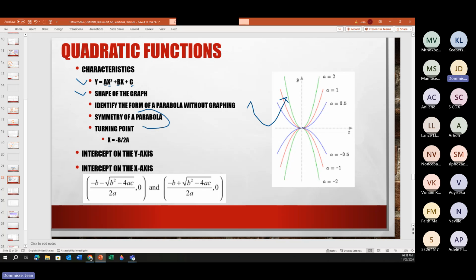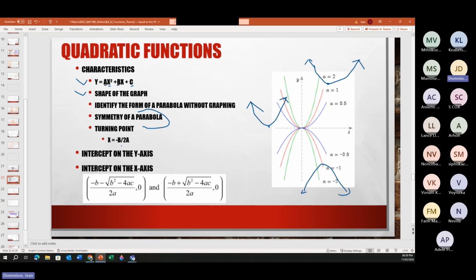It does not need to touch that x axis. It could be there as well. So with a turning point, it might be somewhere here as well. So these are now perfect parabolas that were drawn, but it might look a bit different as well. So it's not always this nice looking parabola.